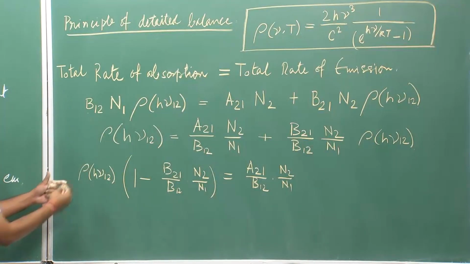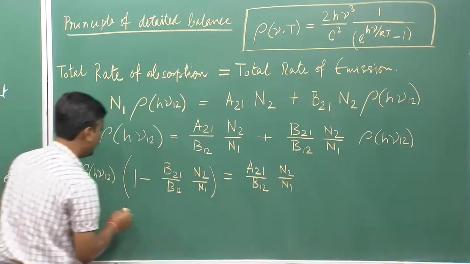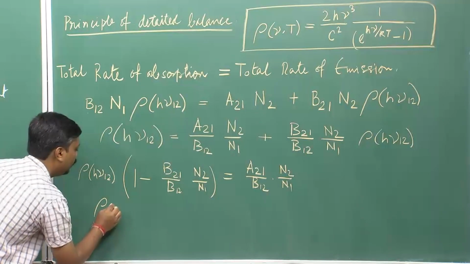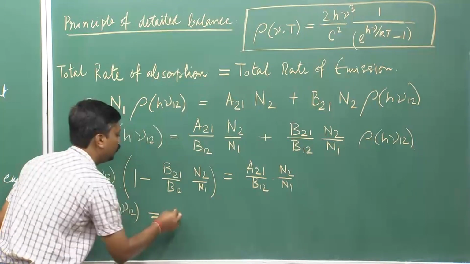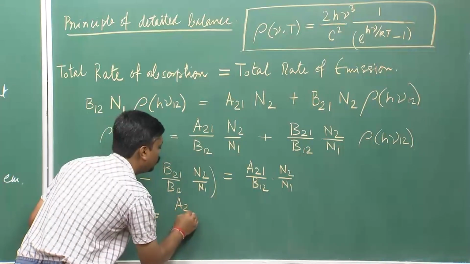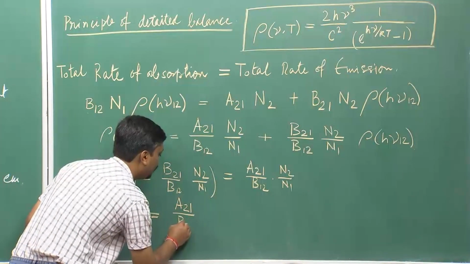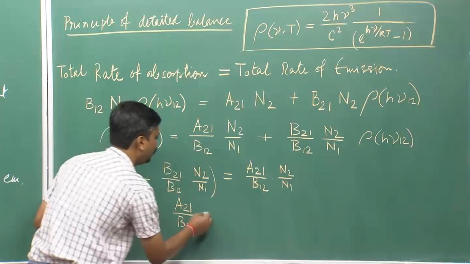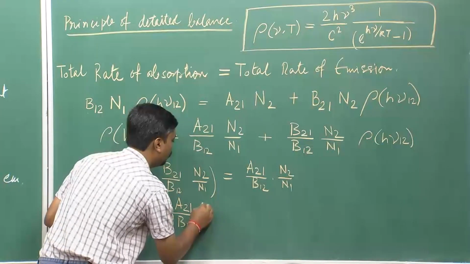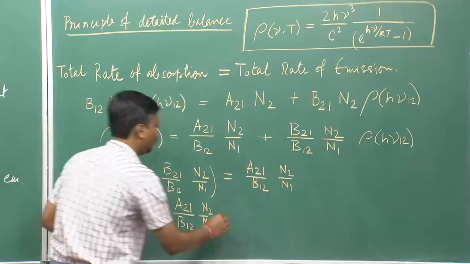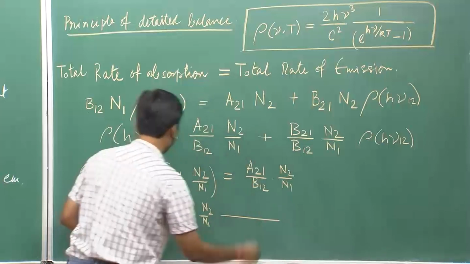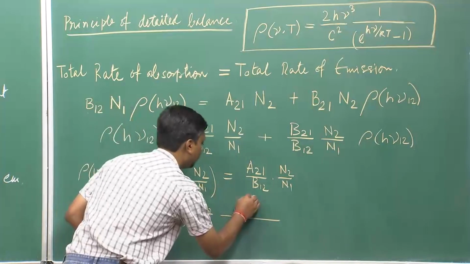Fine. Now, I can take this on the other side and I can get an expression for rho h nu 12 finally. So, what I have is A21 by B12 into N2 by N1, and then 1 by this quantity.